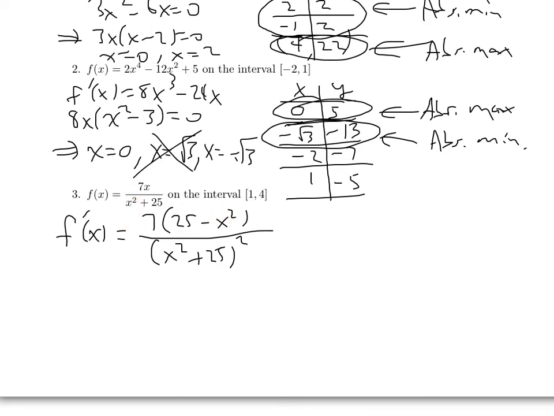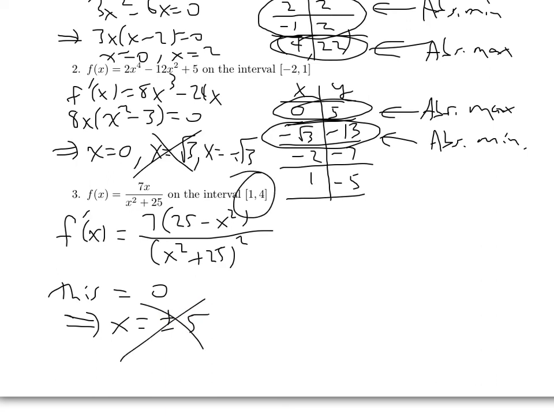And this is equal to 0 when x is plus or minus 5, but neither positive 5 nor negative 5 is in this interval, and so there are no critical values of this function that are actually between 1 and 4.